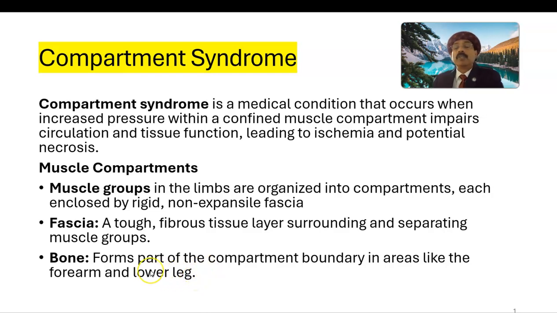We also have the interosseous membrane between the bones in the forearm and in the leg. We also have intermuscular septa in the arm, in the thigh and other parts of the body.